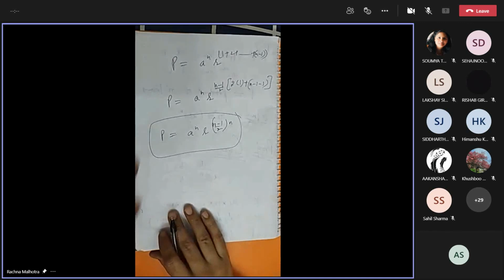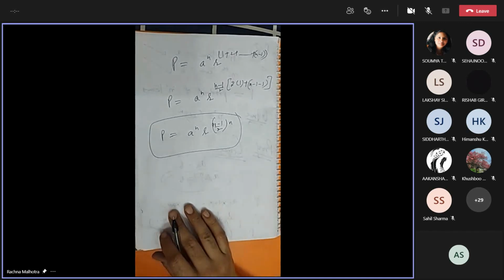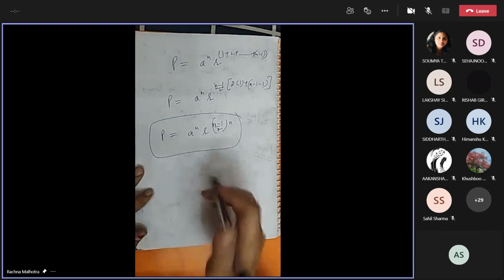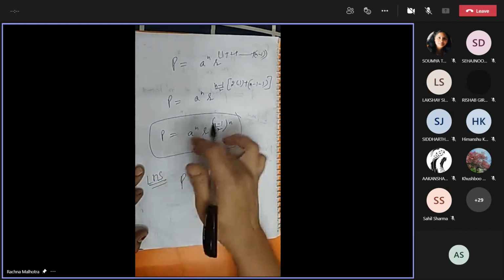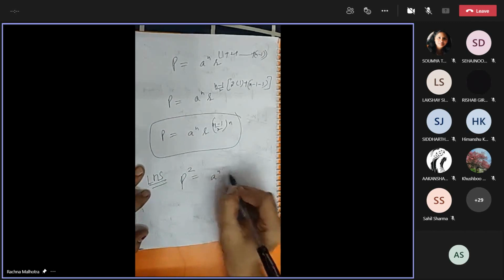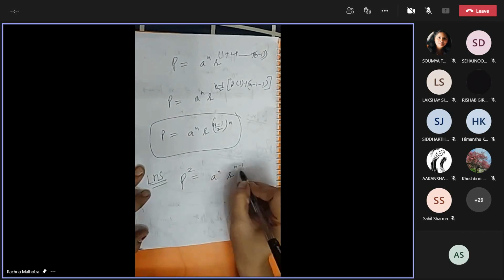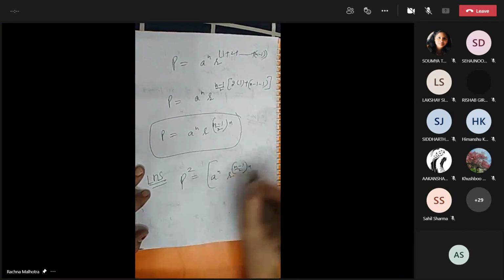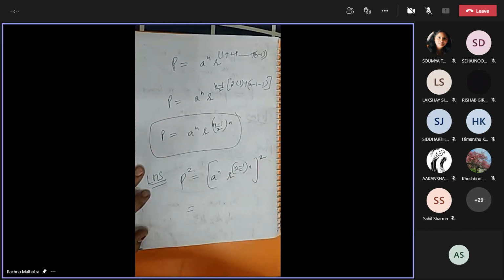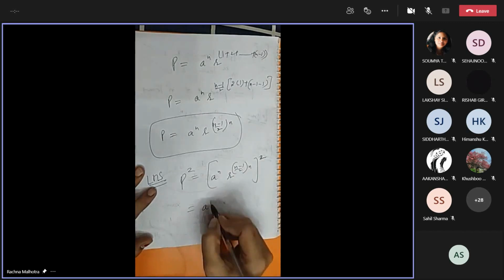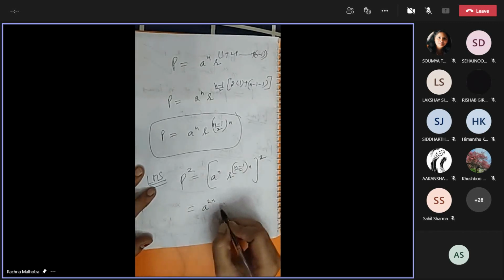Now what we have to do here, left hand must be equal to right hand. P square. Let us start calculating P square. What is LHS? P square. Just apply square here. If we apply square here, it will be A to the power 2n.